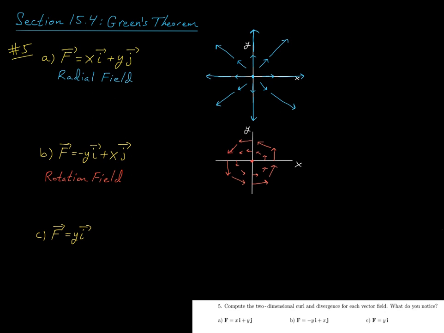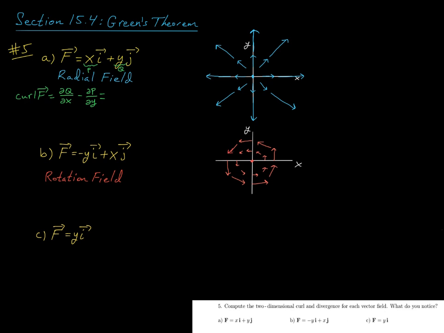So F here is xi plus yj, and our i component, P, is x, and our j component, Q, is equal to y. So to compute the curl of this vector field, we're going to compute this quantity: partial Q partial x minus partial P partial y.